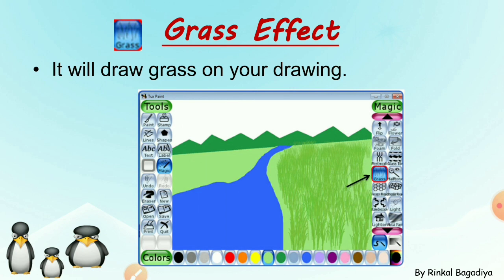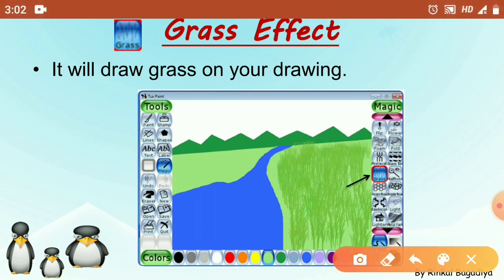And yes, remember one thing here is that we can draw only green colored grass. You can see on the screen, grass drawn here is only in green color because we can draw only green colored grass in Tux Paint. So let's see practically how can we draw grass in our drawing.